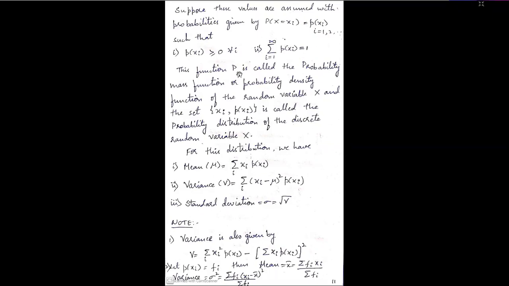Then this kind of function p is called the probability mass function of the random variable X, and the set of xi with p(xi) is called the probability distribution of the discrete random variable X. So this set (xi, p(xi)) is called the probability distribution, wherein it has to satisfy two conditions, that is p(xi) is greater than or equal to 0 and summation p(xi) is equal to 1.